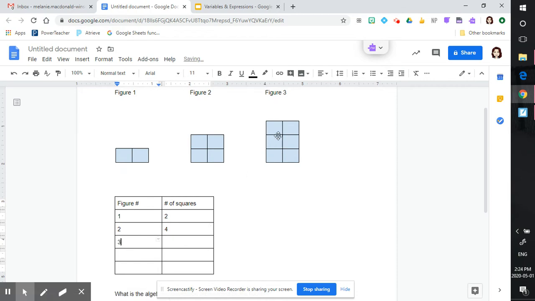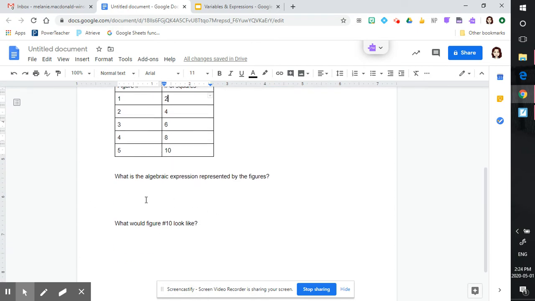Figure 3 has 1, 2, 3, 4, 5, 6 squares. Figure 4 is not here, so we've got to figure it out. We've got to kind of use our imagination. Figure 4, if my numbers look like this, 2, 4, 6, the next one's going to be 8. Figure 5, the next one will be 10.